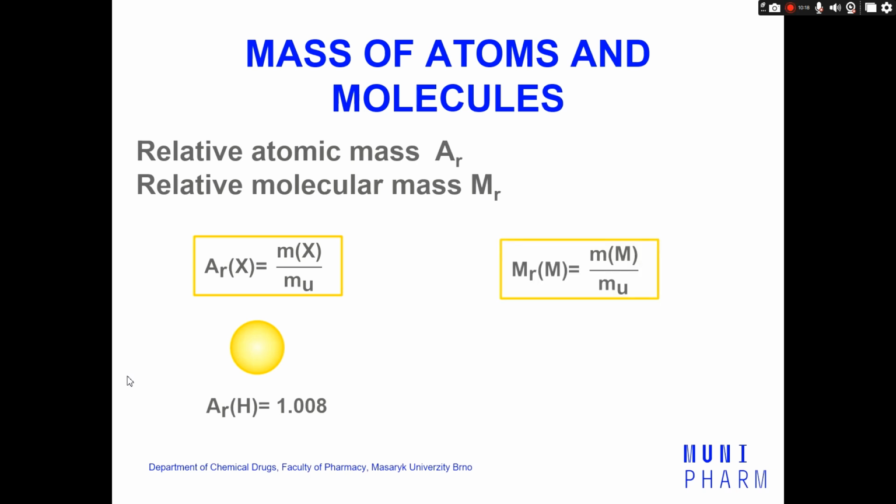Analogically, the molecular relative mass is the ratio of the actual mass of the molecule and the atomic mass constant. If we take hydrogen as an example again, we know that under standard conditions it occurs in the form of diatomic molecules. Then the molecular relative mass of a diatomic hydrogen molecule is 2.016.